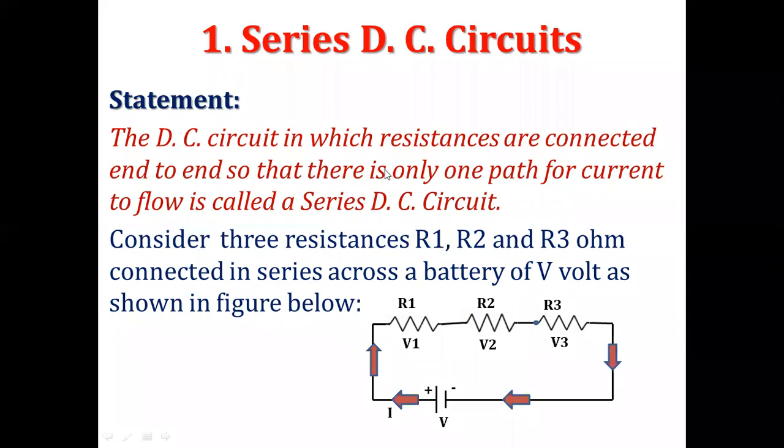Next line, you can write down: consider three resistances R1, R2 and R3 ohms connected in series across a battery of V volts as shown in the figure below.